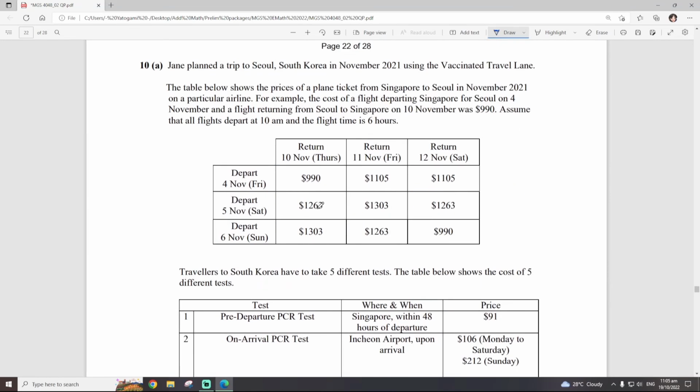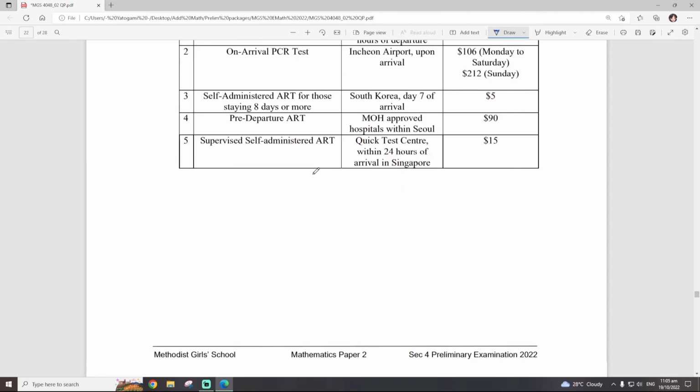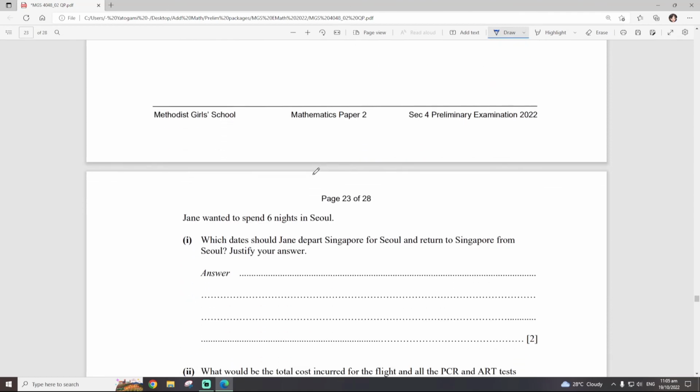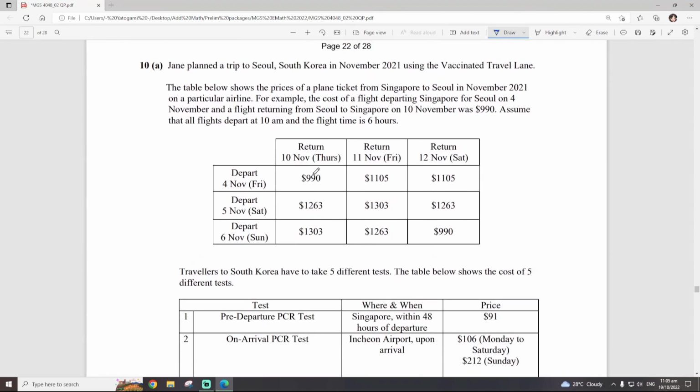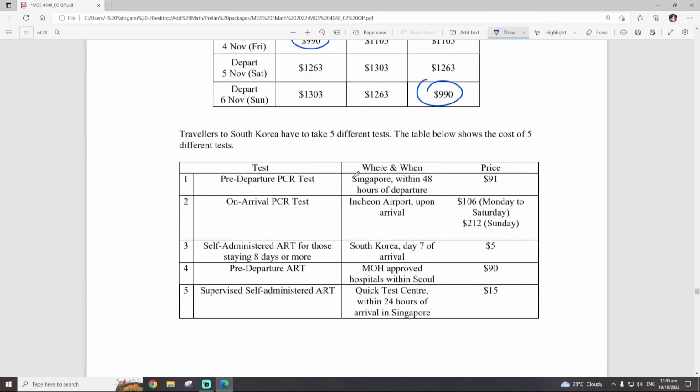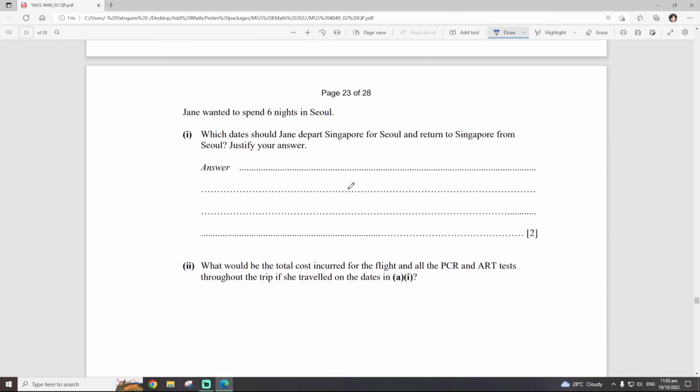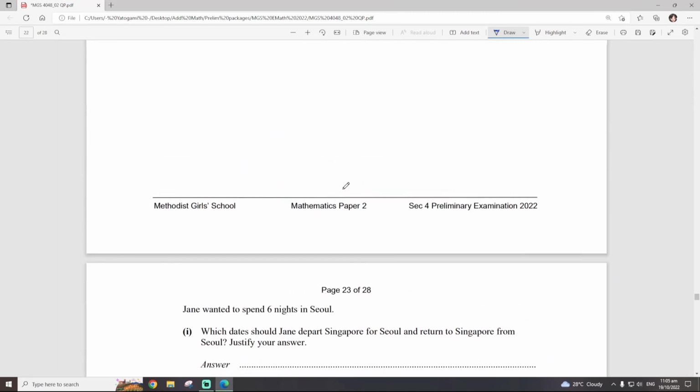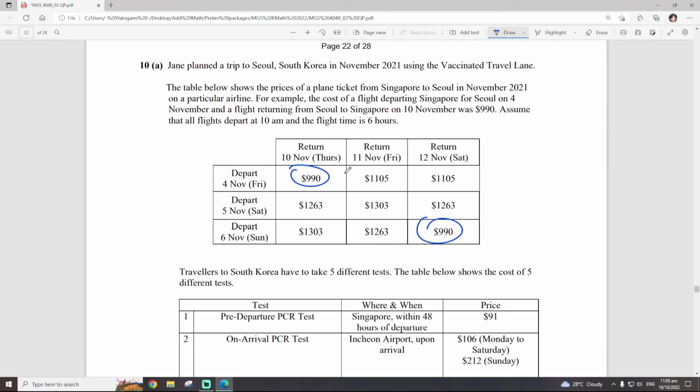Well, you just want to take the lowest cost. So I want the lowest cost to go for 6 days. So I would choose this, or I would choose this. So depart on 4th November and return on 10th November.